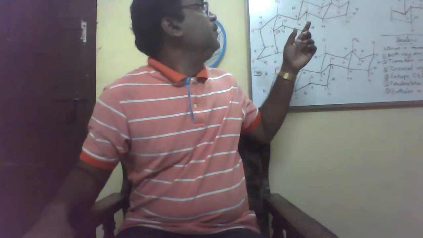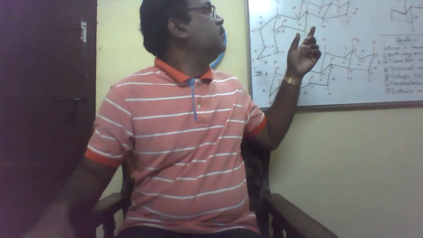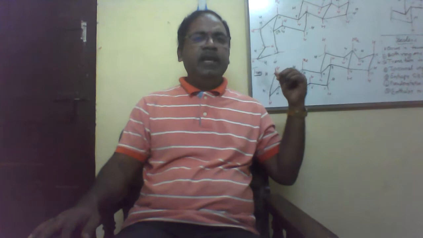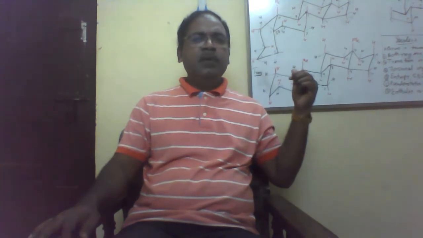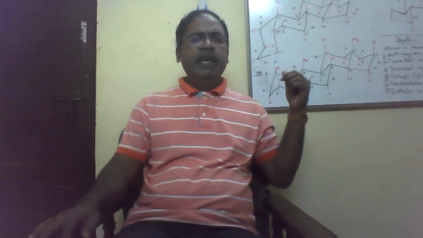It is written there. So this is about the planar structure, but this is the structure of the trans conformation of steroid. In the trans conformation, the A ring and B ring are in the chair form. The C ring is also in chair form, and the D ring is not a six-member ring, it is a five-member ring. Now, how are the A ring and B ring joined? Both are trans with each other.